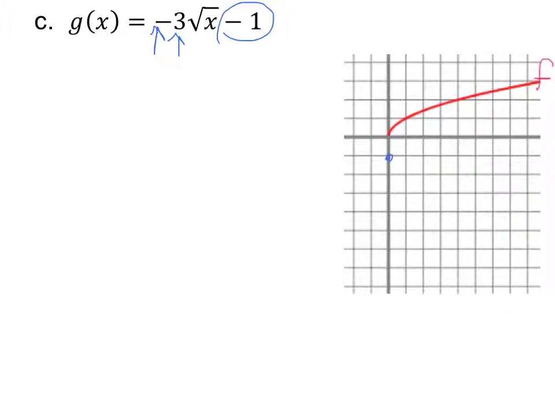So our starting point will be here, and we've got that stretch by a factor of 3, so we can see that each point that we have with an intersection, instead of 2, it would be at 2, 4, 6 in the negative range. So we are looking at a function that looks something like that.